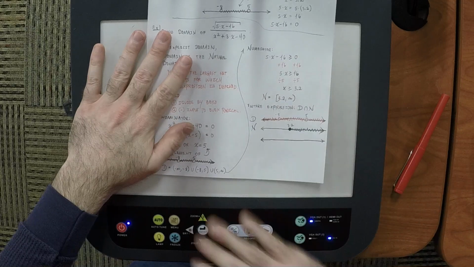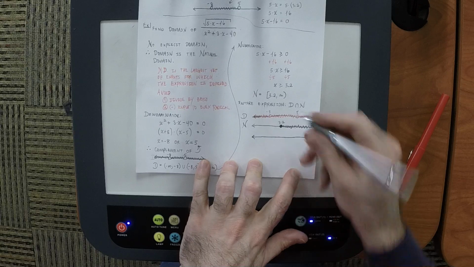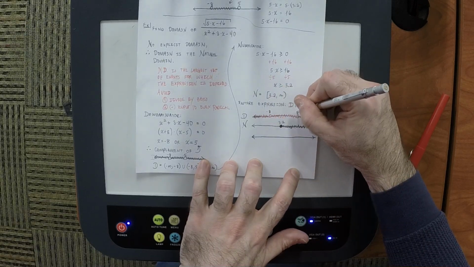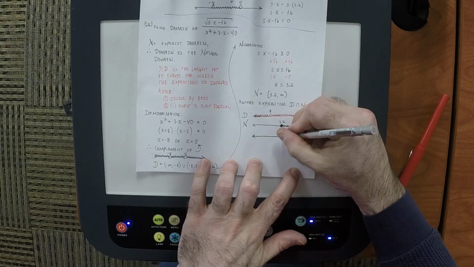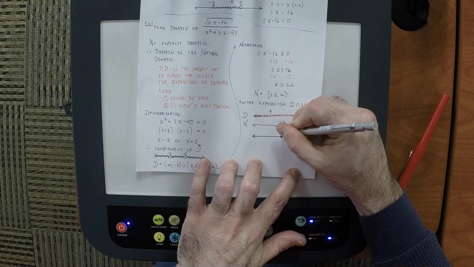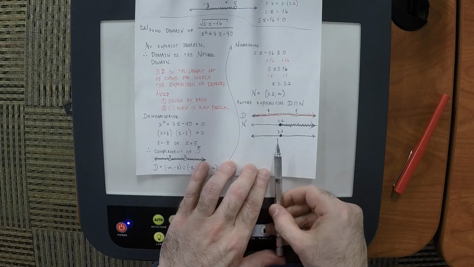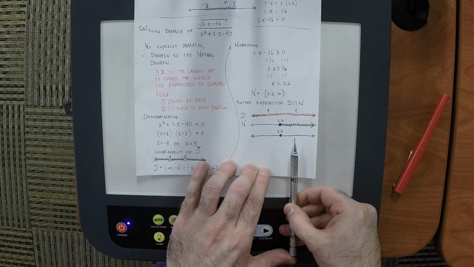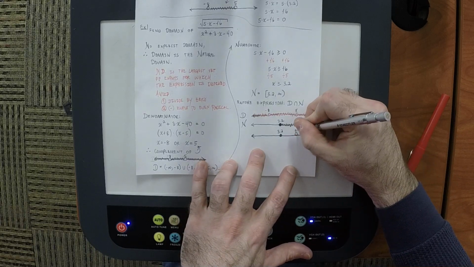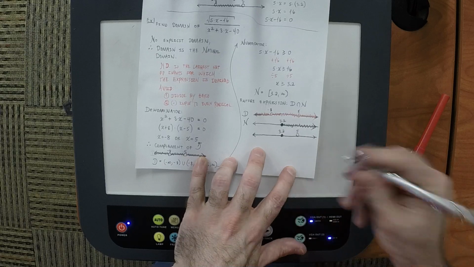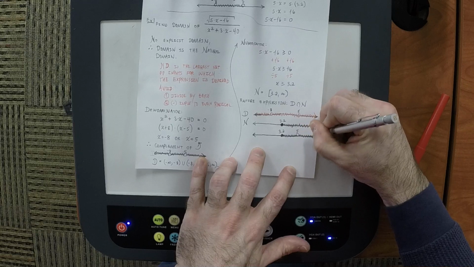We need the intersection. So what will the intersection be? What's the least value in the intersection? 3.2. And then we have both colors for a little bit. And then right there we lose 5. So 5's out. What about beyond 5? We're still good to go after 5. So there it is.